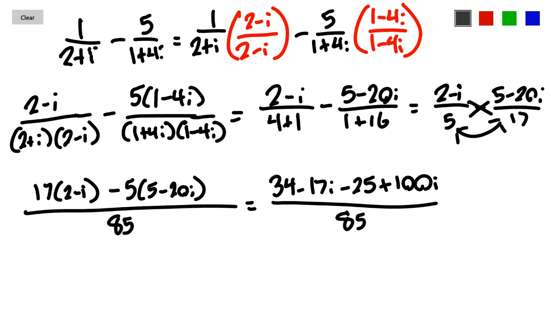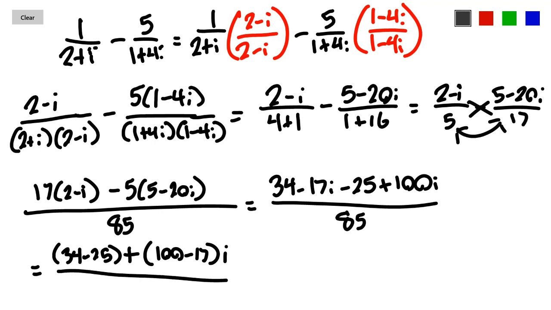So if I group the real terms together and the complex terms together, I end up getting 34 minus 25 plus 100 minus 17 times i, all over 85.